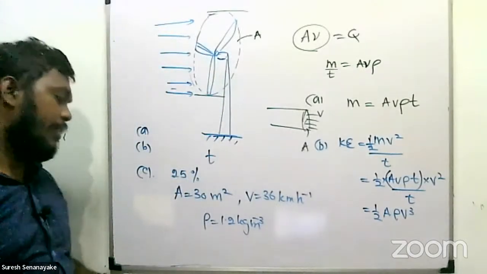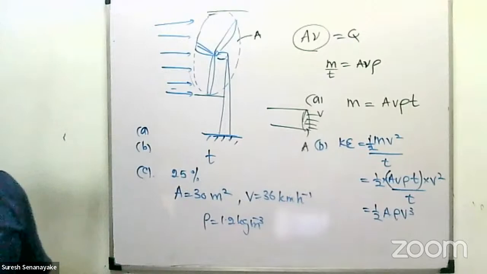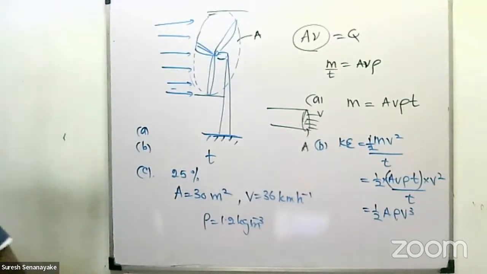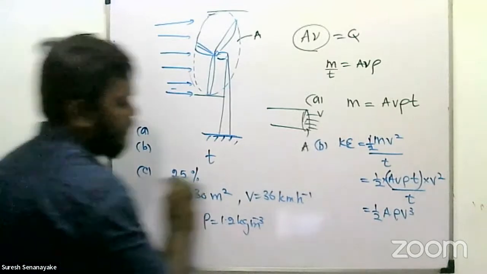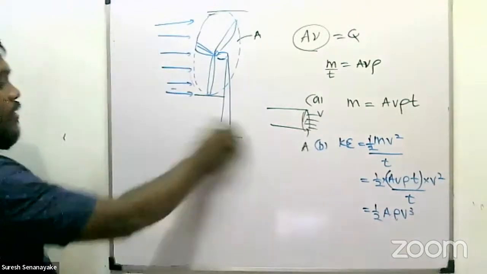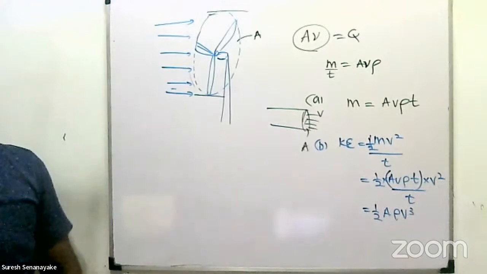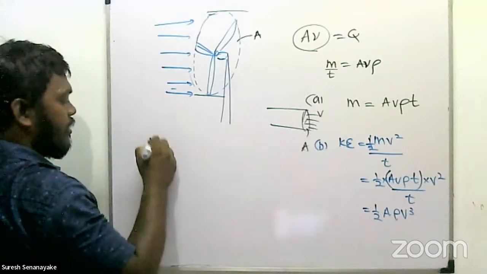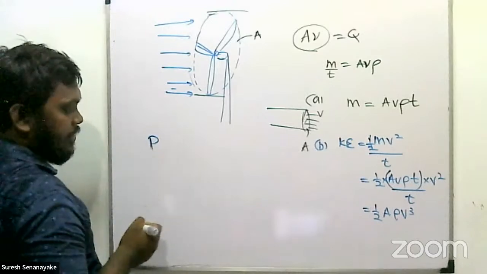And then 25% efficiency is given, so substitute the values. You need to know how much electric power is generated. From this kinetic energy, only 25% is converted to electric power.